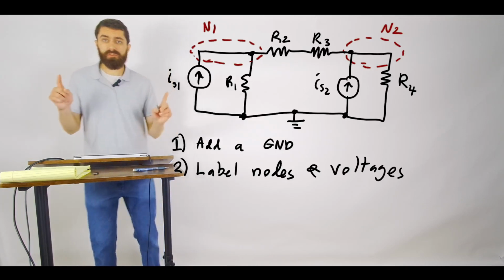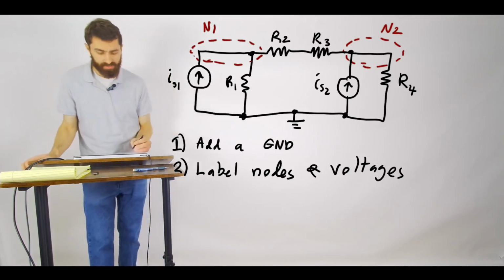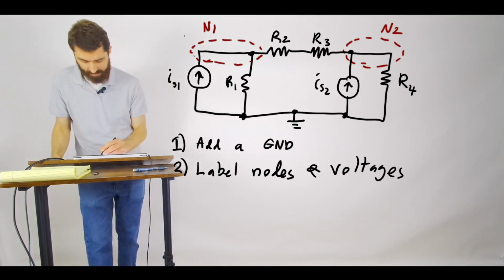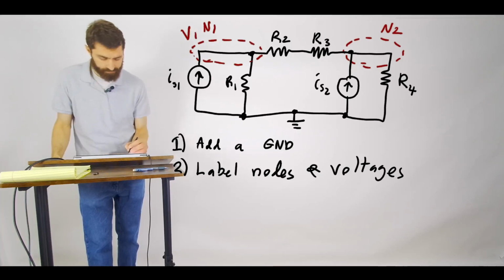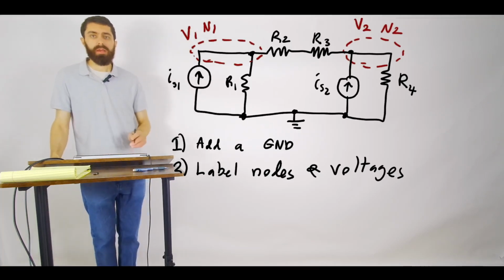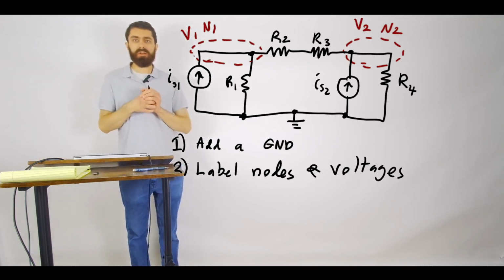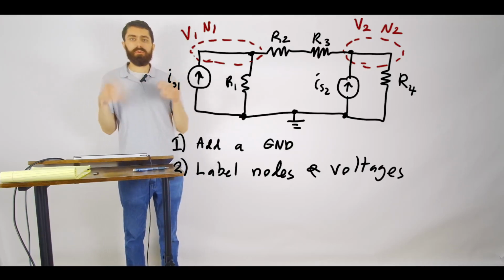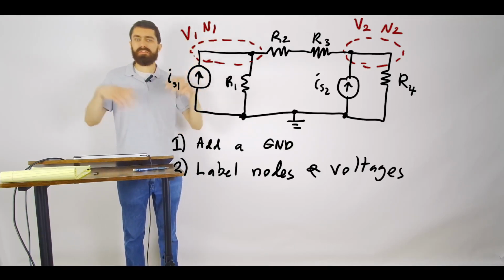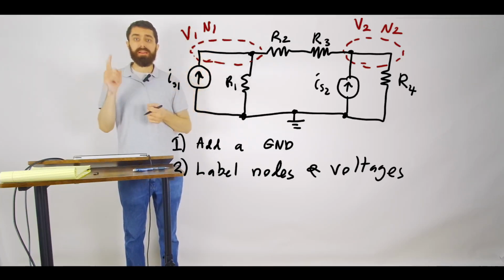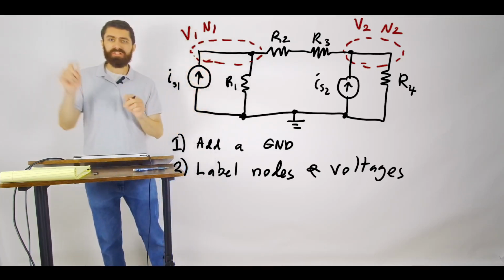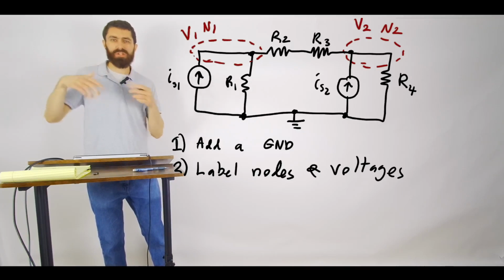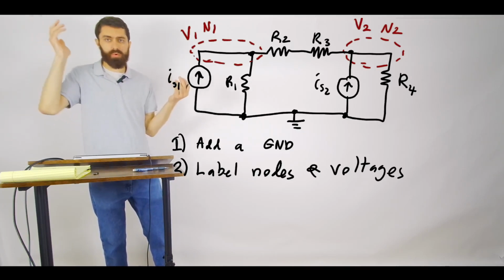Now we also want to define our nodal voltages. We'll call this one V1 and this one V2. So in nodal analysis, oftentimes we'll talk about how the voltage at V1 or at node 1 is such and such. And you know that voltage is always about a difference between two points. You can never just say the voltage at a point.